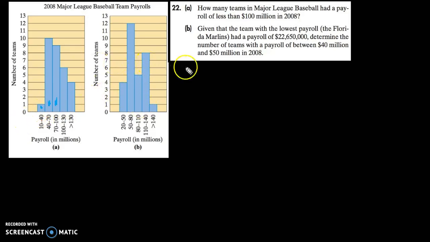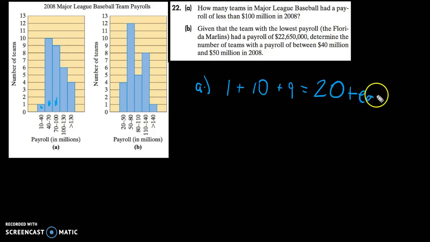And so we really just need to add up how many teams were in that category. So this is one team from 10 to 40, so that's below 100. And then there's 10 teams, and then this one is 9. So 1 plus 10 plus 9, so it looks like there's 20 teams that are below 100 million. So I can get that just off this graph.